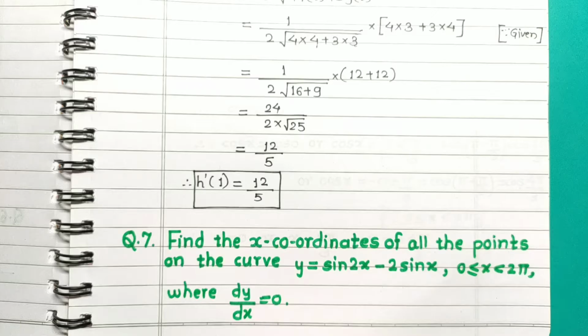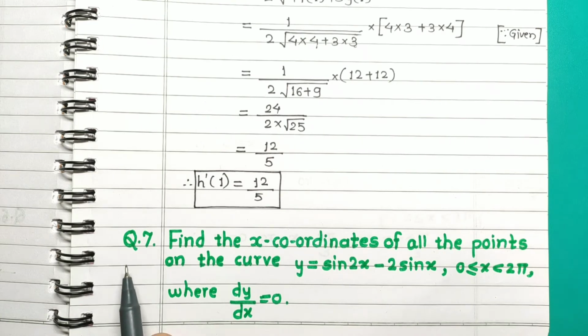Okay. Then next, seventh question: find the x coordinates of all the points on the curve y is equal to sine 2x minus 2 sine x for 0 less than or equal to x less than 2 pi where dy by dx is 0. That means we have to find out x coordinates of all those points for which the derivative of this function becomes 0.